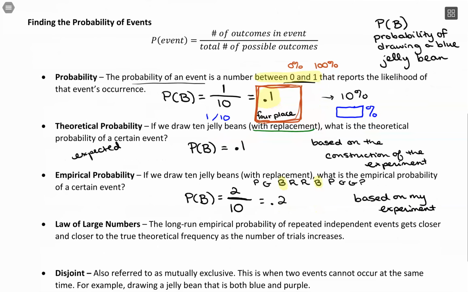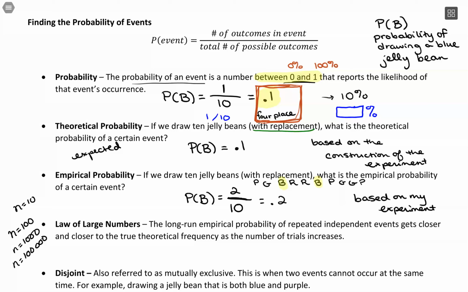Like I had us choose 10 jelly beans there, but what if I had you sample 100 jelly beans, or 1,000, or 100,000? What if I had you perform an empirical probability with very large sample sizes? Because what we saw, sampling only 10, was a big difference in the probability of blue jelly beans.